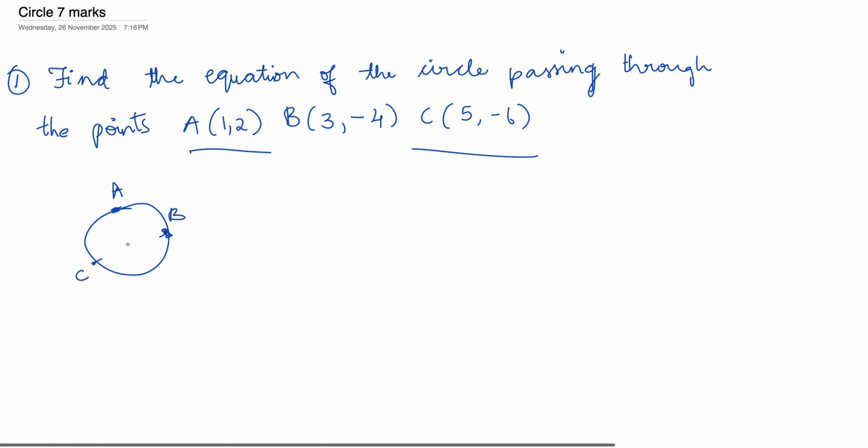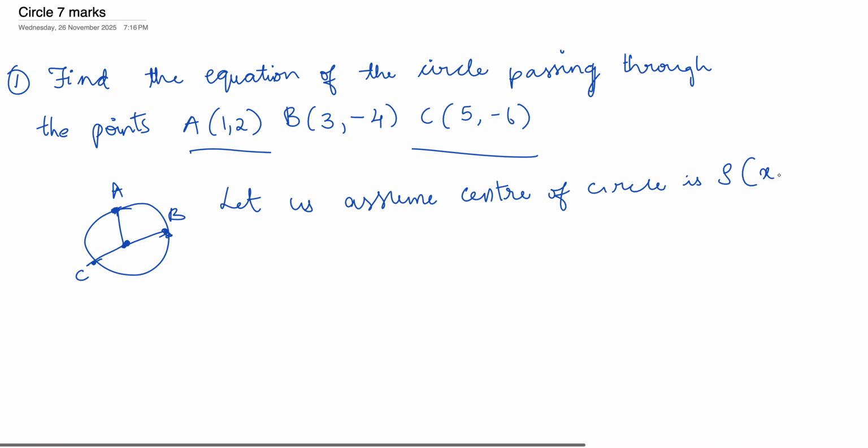Now, if we take a center of the circle, the distance from the center to these points will be the same, because the distance from the center to any point on the circle is the radius. So let us assume our center of the circle is S, and let us assume the center is (x1, y1).